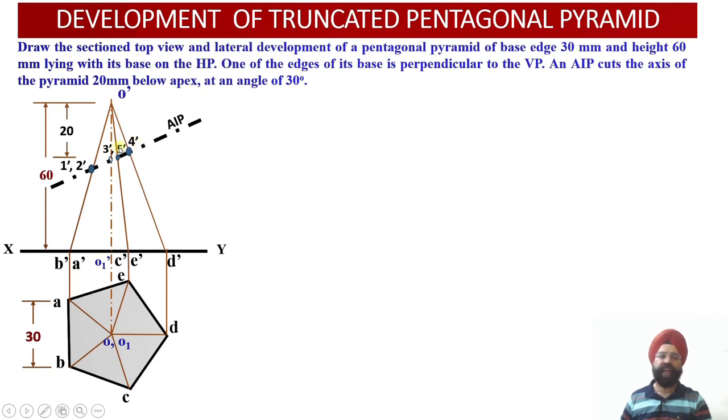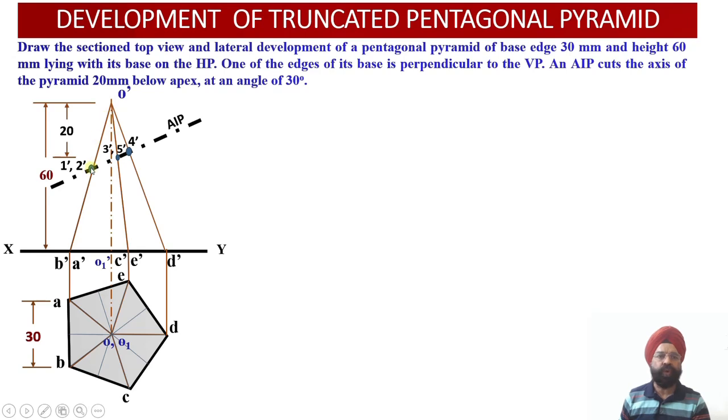Now we need to locate all these points in the top view. I have to locate the points 1 dash and 2 dash, which lie on the slant generators O dash A dash and O dash B dash, in the top view.